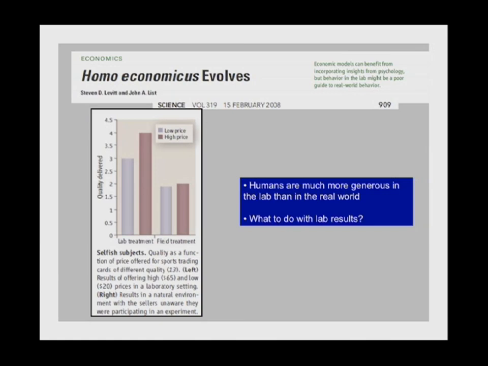The economists Levitt and List wrote a short review in Science two years ago, making us aware of the problems economists face when they try to understand human behavior in real life compared to the laboratory.